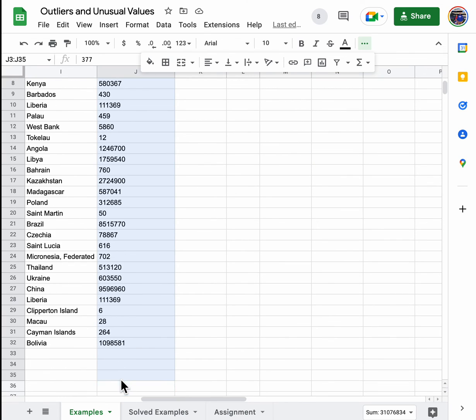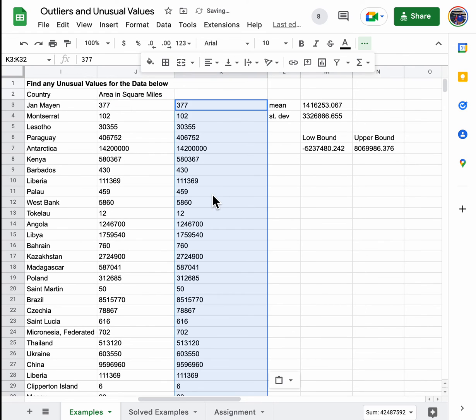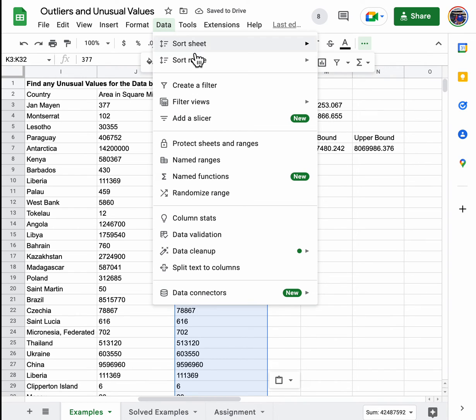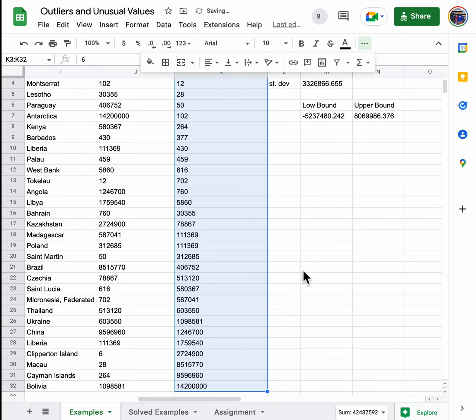So I'll do what I did before with the outliers, copy paste, just so I can preserve the original ordering. And then sort it ascending. So sort data, sort range A to Z. And just look for any value that's bigger than 8,069,000. So that would be these 3 values.